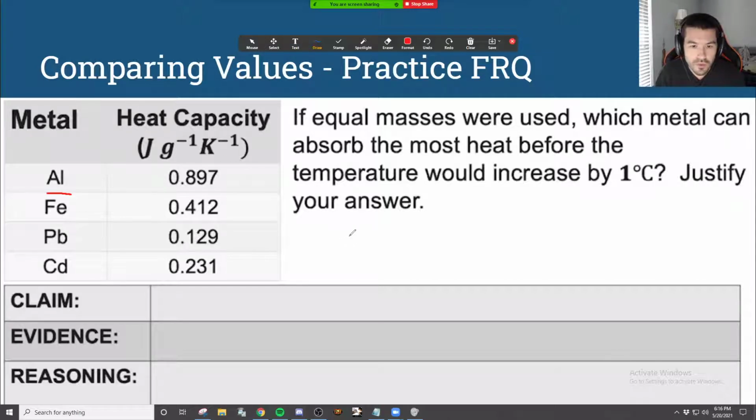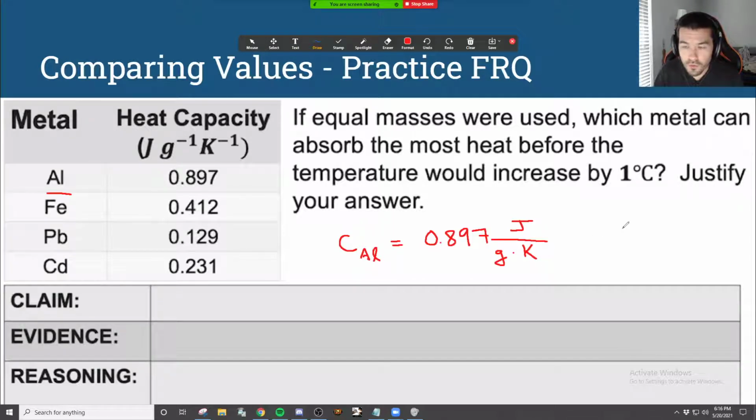The heat capacity for aluminum is 0.897 joules per gram Kelvin. What this means is that for aluminum, it takes 0.897 joules to heat up 1 gram of aluminum by 1 Kelvin.